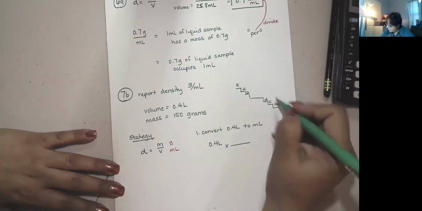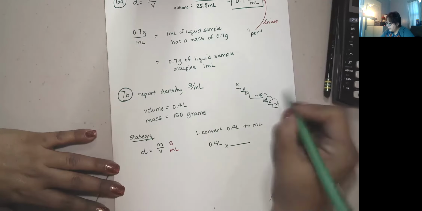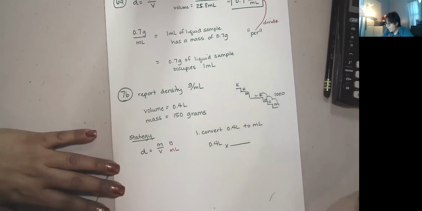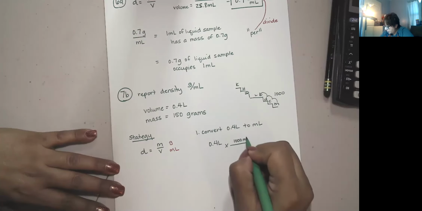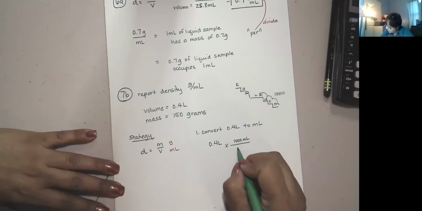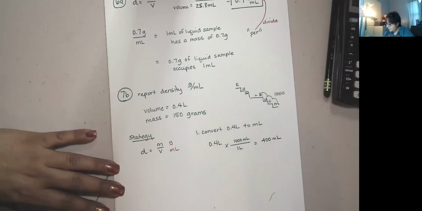You can figure out the difference between liters and milliliters. This would be liters right here. That is a difference of 1,000. So 1 liter is 1,000 milliliters, because milliliters is the smaller unit, and 0.4 liters would be 400 mLs.